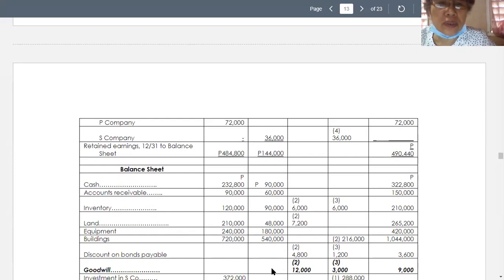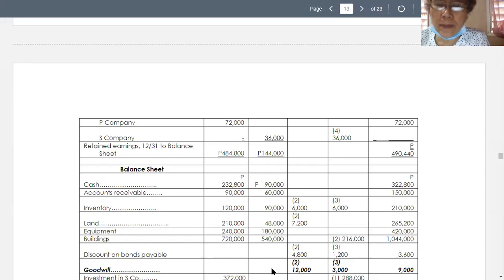Now take note that these balances are before deducting accumulated depreciation. However, in requirement number 2 in the worksheet, we were told to compute for equipment at net. So we already deducted accumulated depreciation.